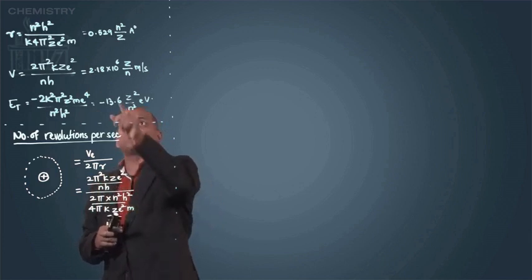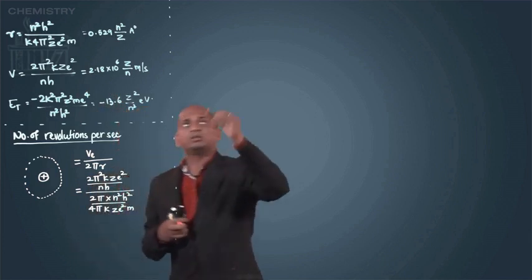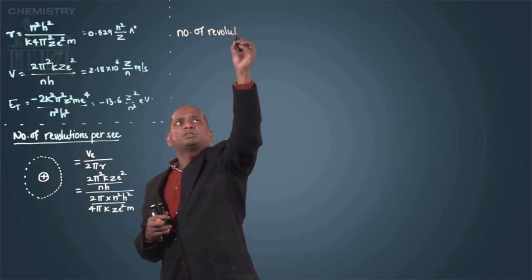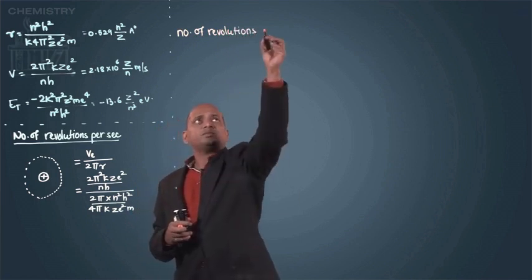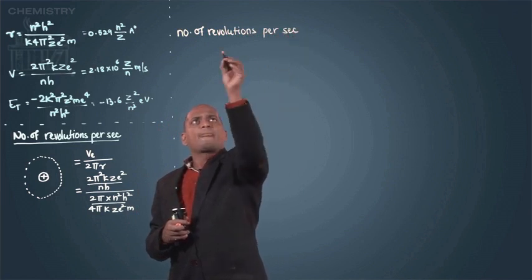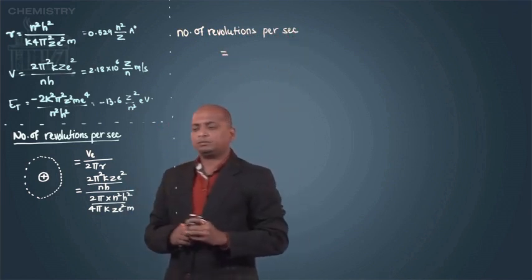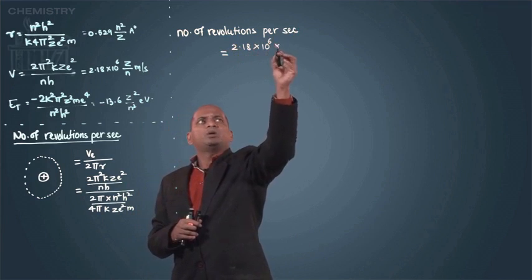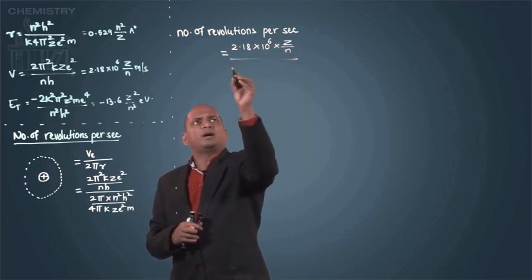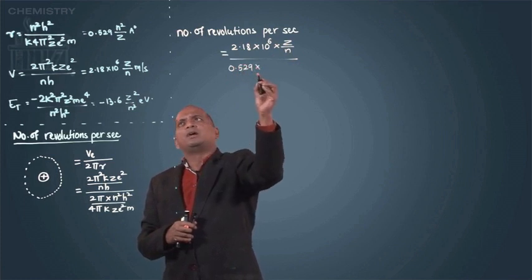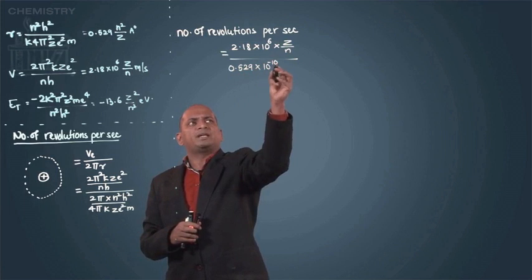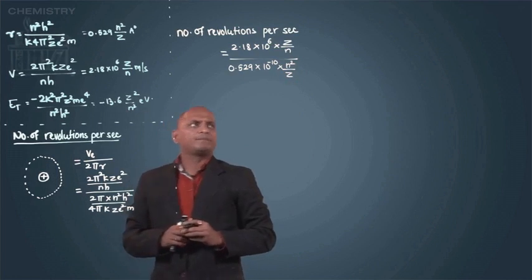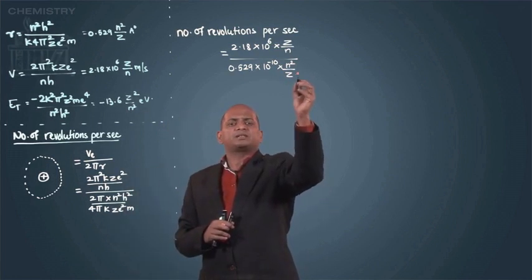Now we know the velocity, we can take the value directly also, so we can write number of revolutions per second is equal to 2.18 into 10 raised to 6 into Z by n, divided by 0.529 into 10 raised to minus 10 n square by Z, because we are taking this in meters.